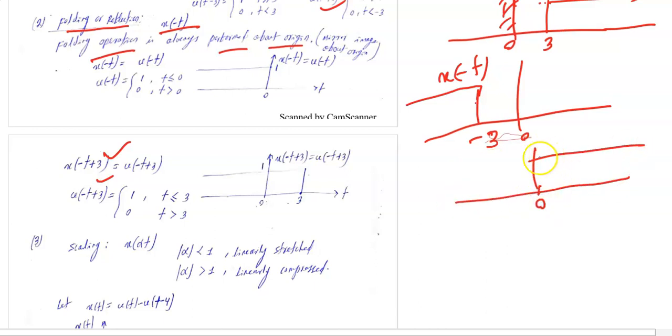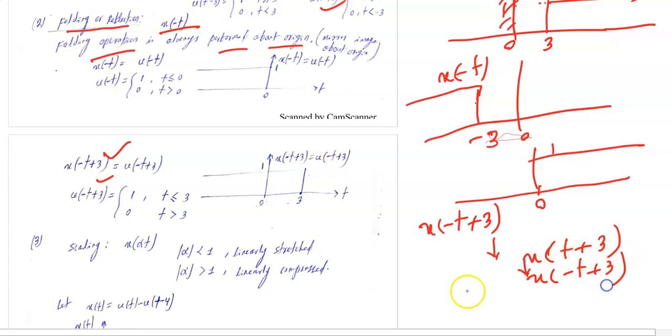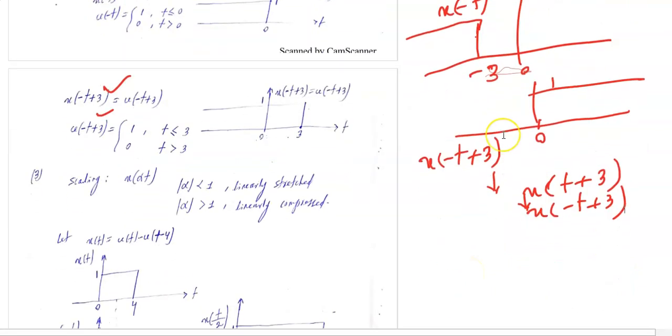This is 0, 1. I need to find x(-t+3). The simple operation is, first you do shifting, that is the advanced version, then fold, giving -t+3. Also you can fold it first.